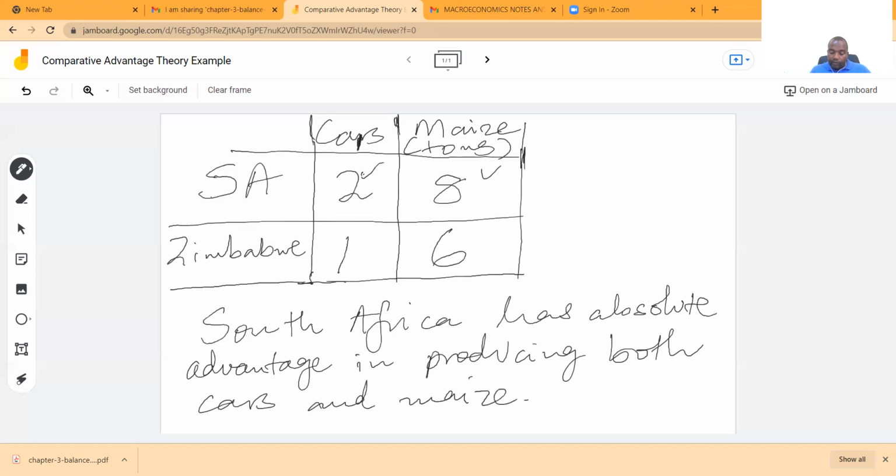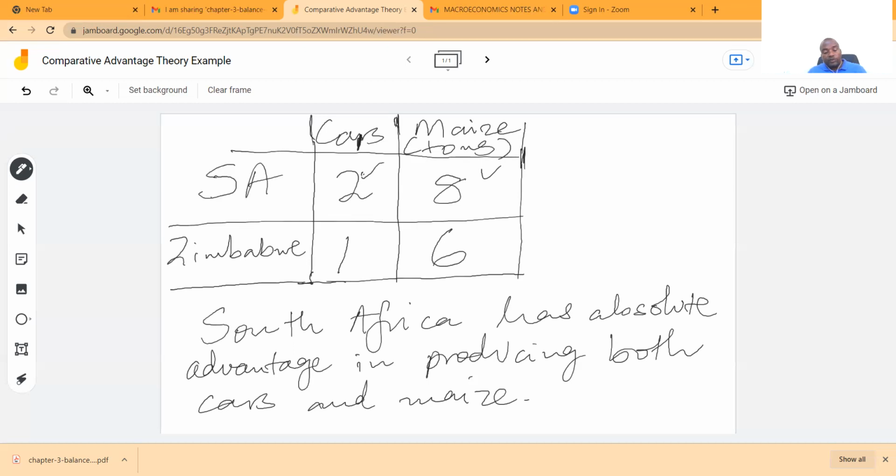So if we follow the reasoning of Sir Adam Smith, it's as if South Africa is better off existing in autarky. And similarly, Zimbabwe would be better off not specializing in anything, because from an absolute advantage theory perspective, it looks like South Africa has got nothing to benefit from specialization and hence international trade.